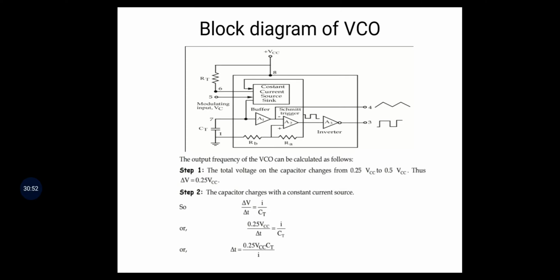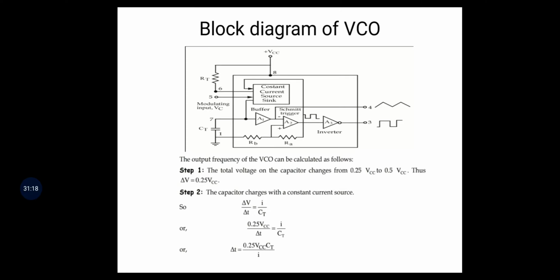The capacitor charges with a constant current source, so delta V by delta T equals I by Ct.